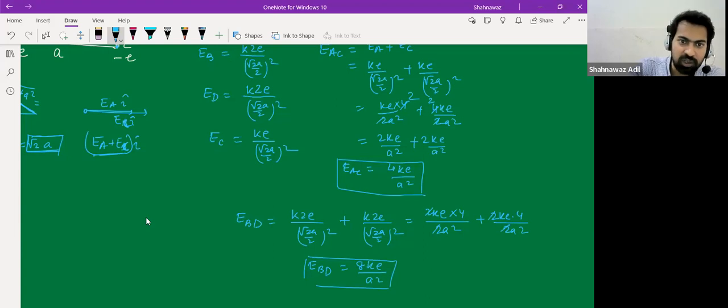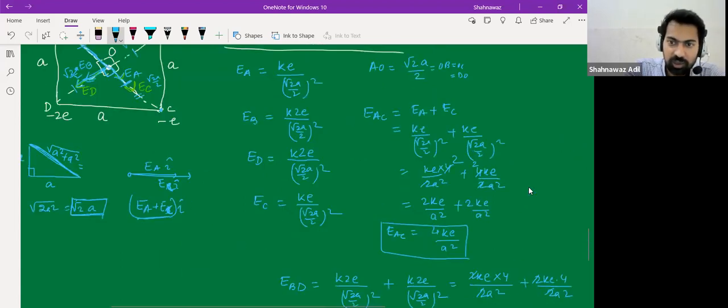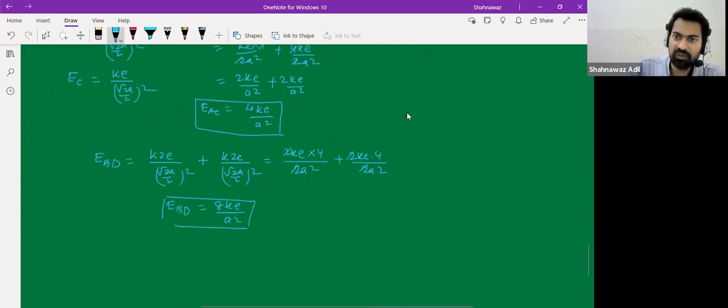So now let us look at the diagram. This is BD and this is AC, and the angle between them is how much? 90. 90, right? So remember the vector class, that if we had two perpendicular vectors and the magnitude is given, what is the resultant magnitude?